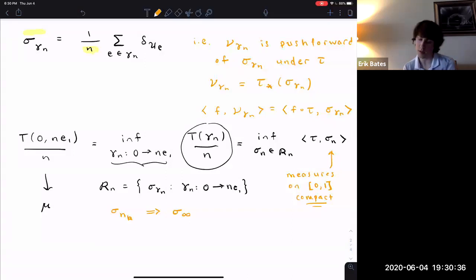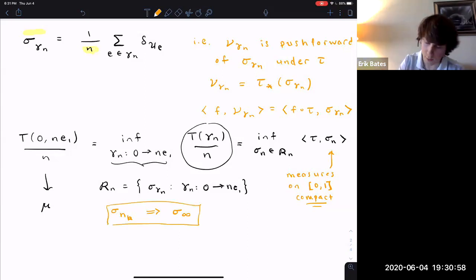So I'm using the fact that the space of finite measures of a given mass on a compact space is itself compact. So in particular, it's sequentially compact. So for any sequence of measures on 0, 1, I have a convergent subsequence. That's what I've done right here.